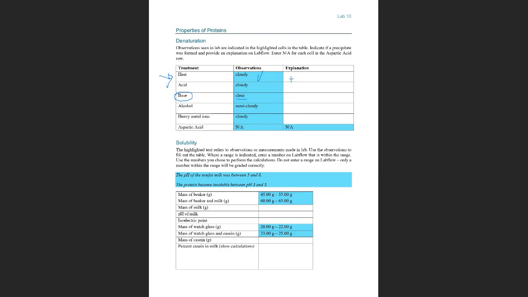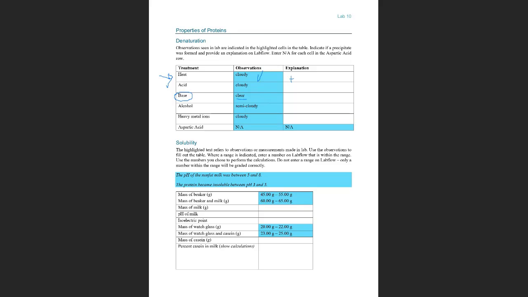Means no denaturation occurred. But making the pH very basic should be positive. So here either they didn't add too much base or somehow it says clear. The observation indicates that there is no denaturation.